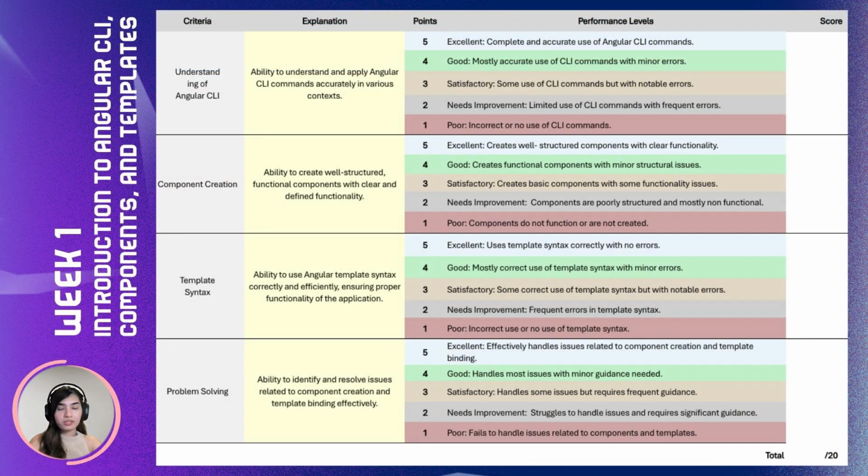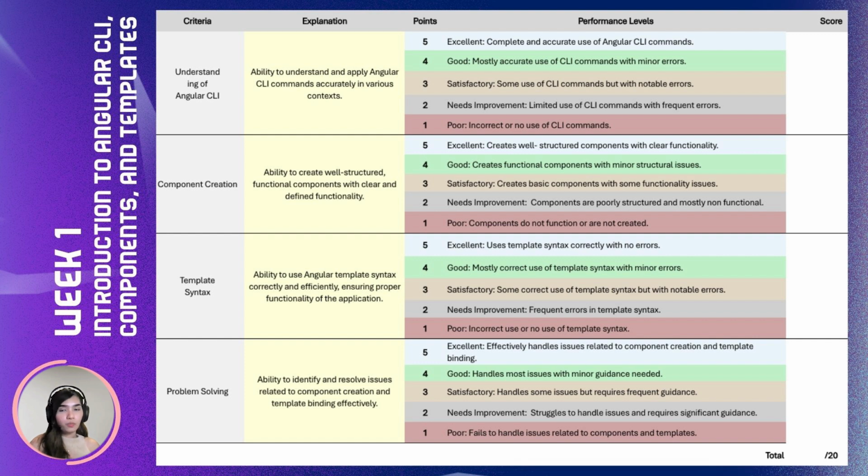Alright, so let's discuss now the weekly scoring criteria. In coding, having clear criteria is essential so that students know how to structure their code and meet learning objectives. So this scoring criteria provides this guidance, ensuring that students understand what is expected of them and how their work will be evaluated.